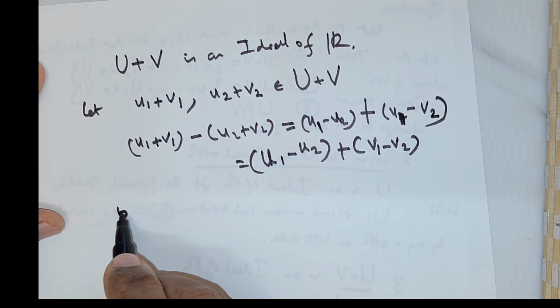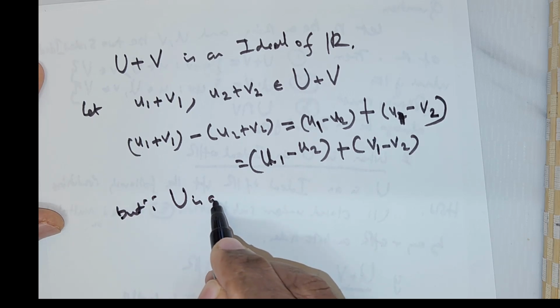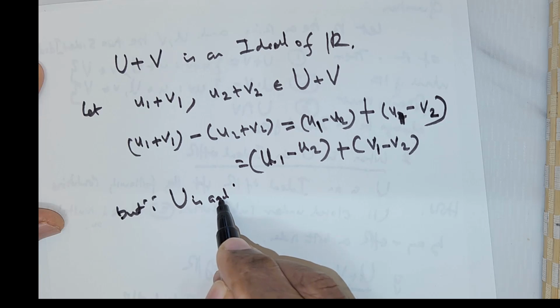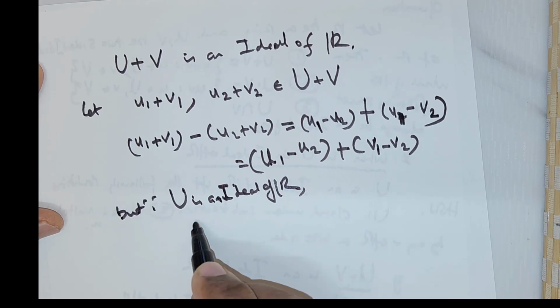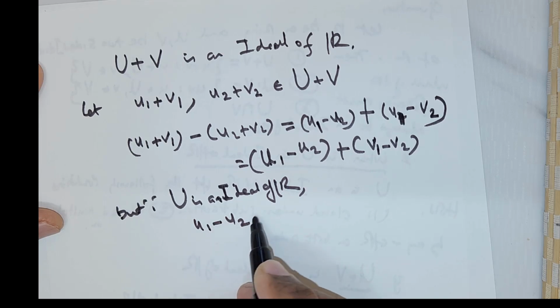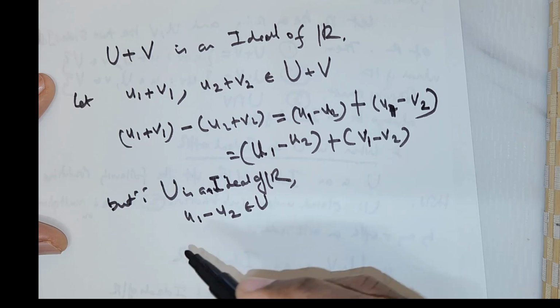But we know that since U is an ideal of R, U1 minus U2 is going to be an element of U. We just saw that.